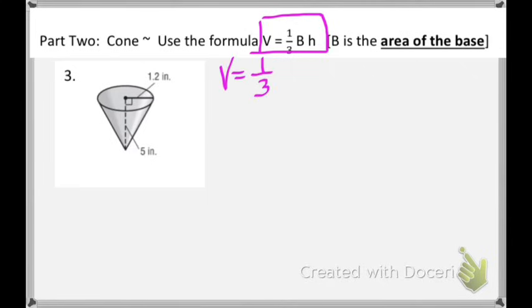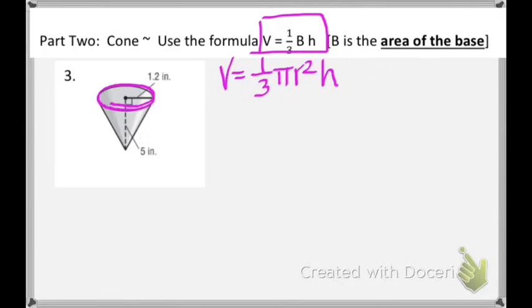Now the base is the circle. And if I were to find the area of that base, I'd use pi r squared. And then I find the height. So notice the only thing different about this formula as opposed to the cylinder formula is the 1/3. We add that 1/3 because a cone that's the same diameter and height of the cylinder only fills the cylinder up 1/3 of the way.